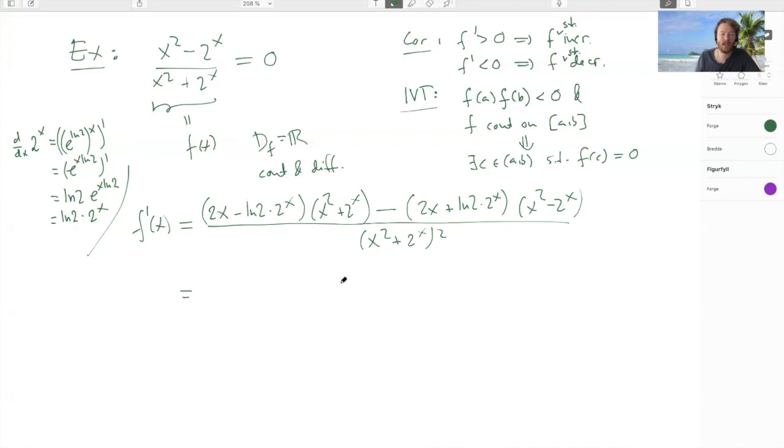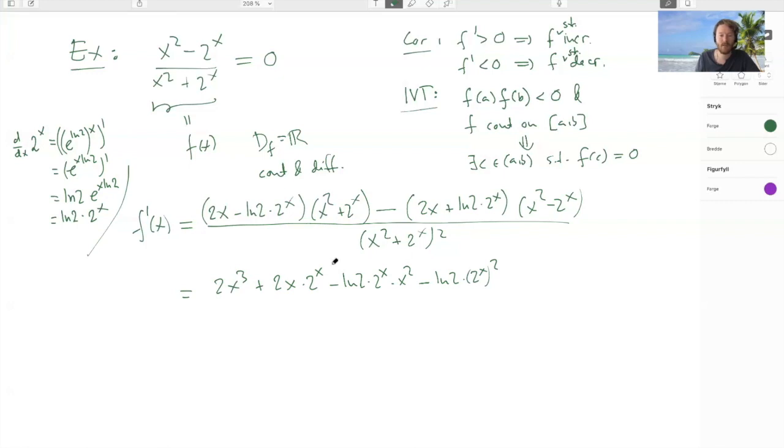And now I multiply out and simplify. So I multiply this in here, so I get 2 to the x third, and then I get plus 2x times 2 to the x. And now I get minus ln 2 times 2 to the x squared. So this thing multiplied together, and then I get this with this, which is minus ln 2 times 2 to the x, squared like this.